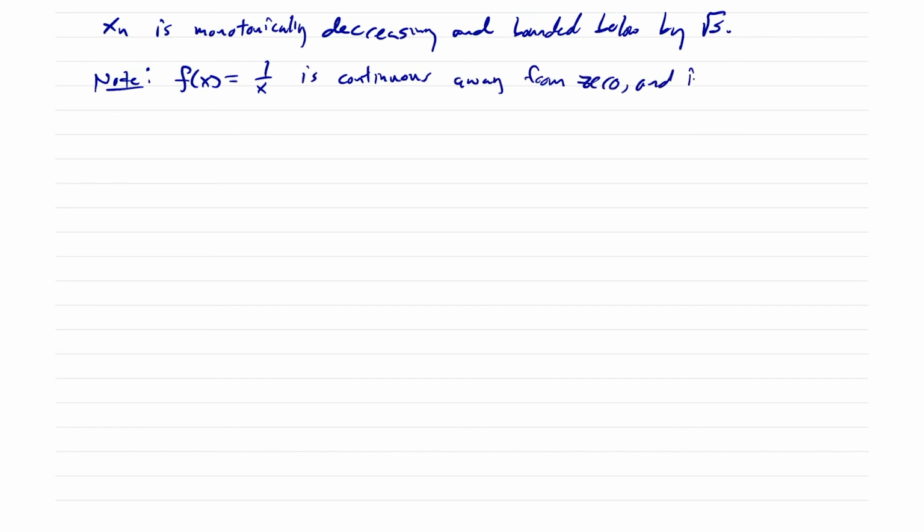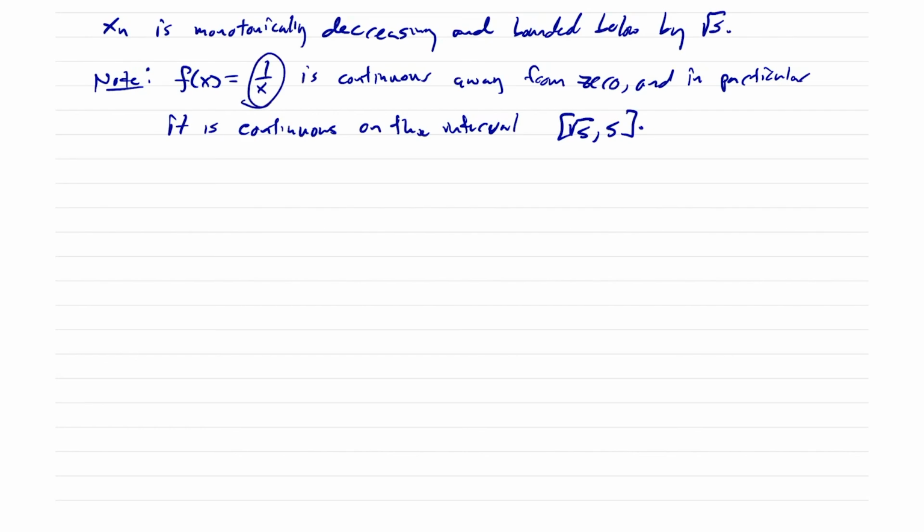In particular, it is continuous on the interval from square root of s to s, which is where all of our xn's live. How do we know that?